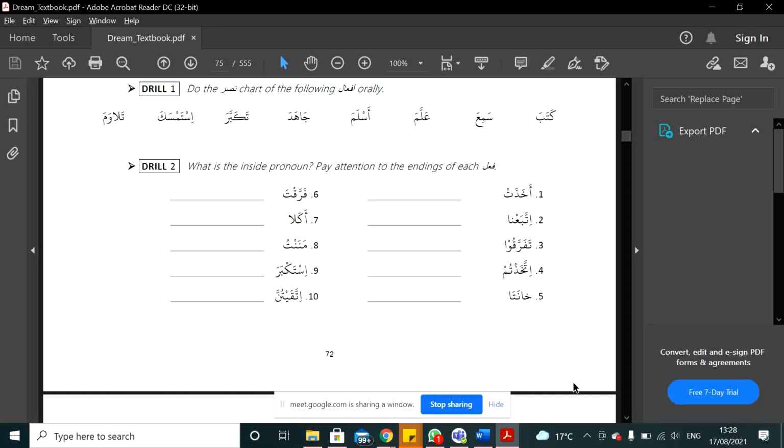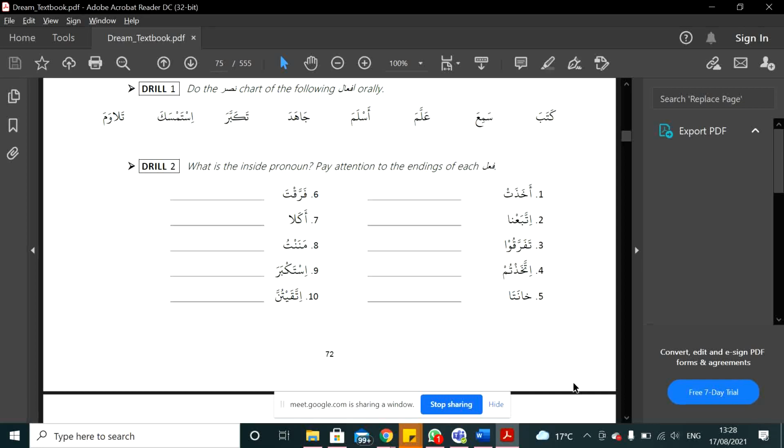So I want Sister Hodma to give me the pronoun of akhazat. Start reading the chart. When you find the match for akhazat, you stop and give me the pronoun, right? So start reading the chart first. You need to read the whole thing.